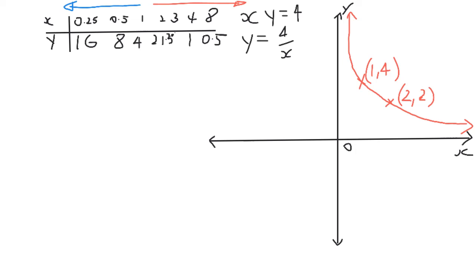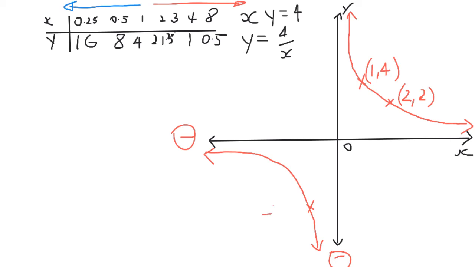Now I can do the exact same thing over here in my quadrant where both x and y are negative. Remember, this is negative. This is negative. So in this quadrant down here in the bottom left, we end up with our negative values, and we'll have the exact same values here, right?